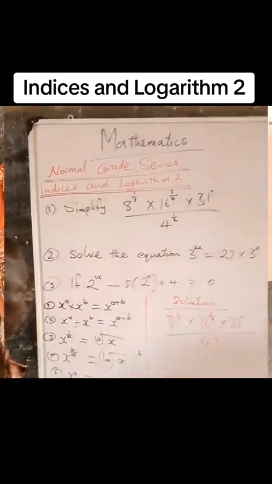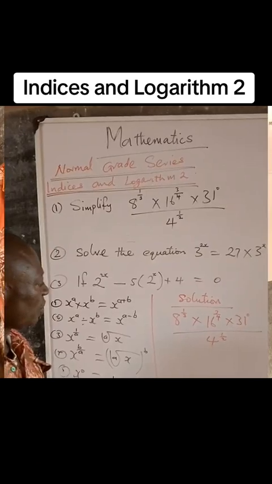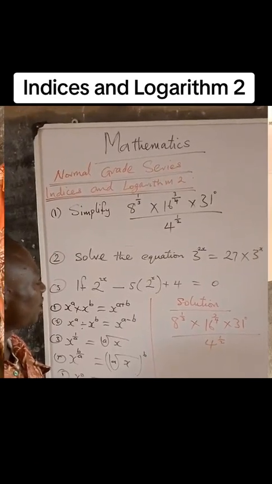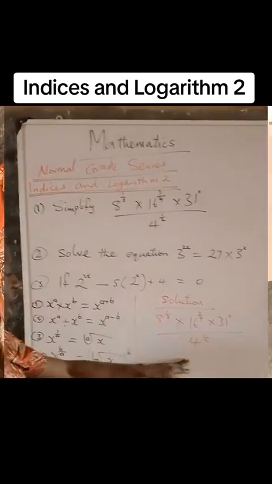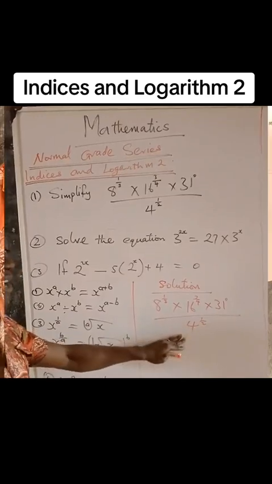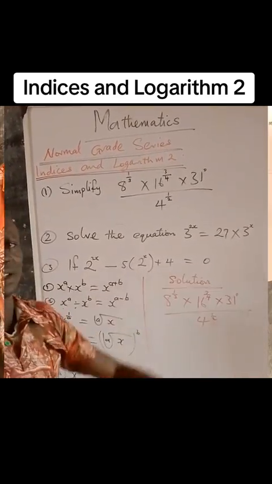Alright, with this question here, we will start solving this way. We know that whenever we have over, the number we have under the denominator is the number that is dividing the rest, the numerator.